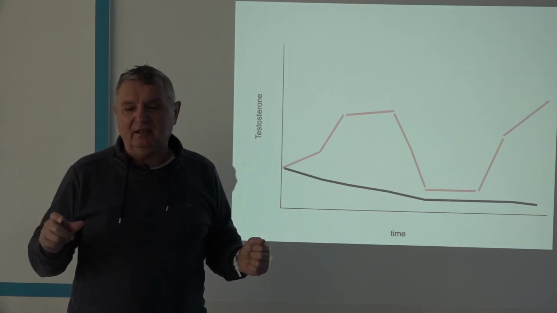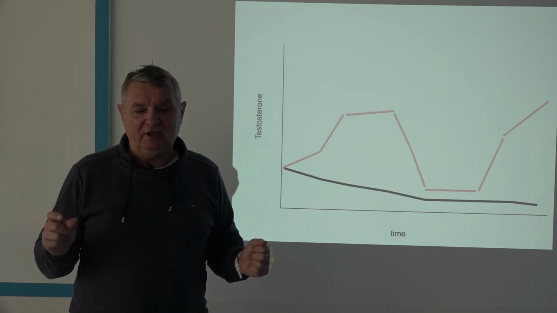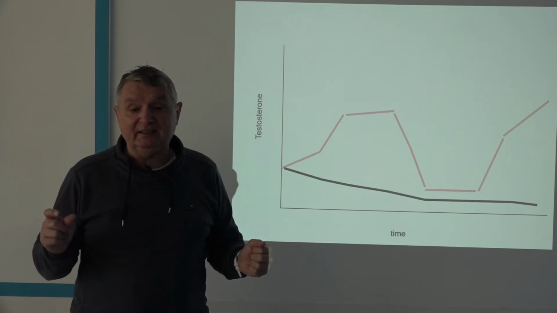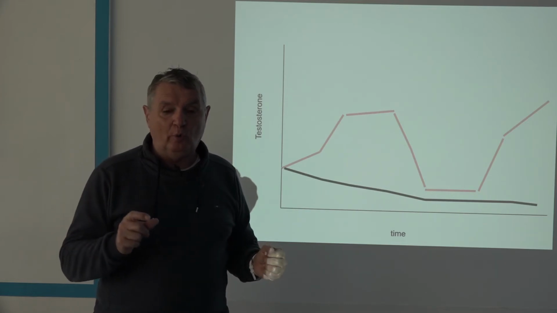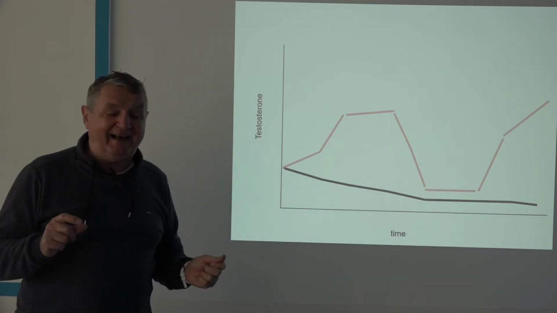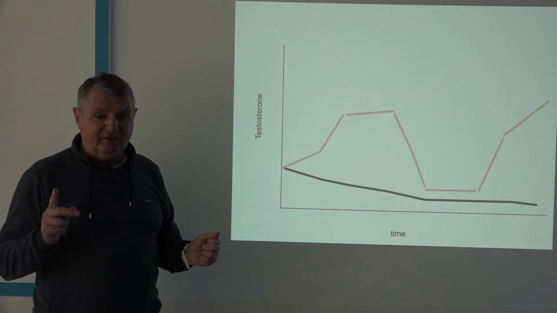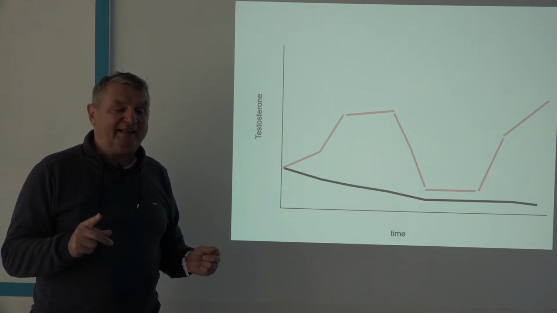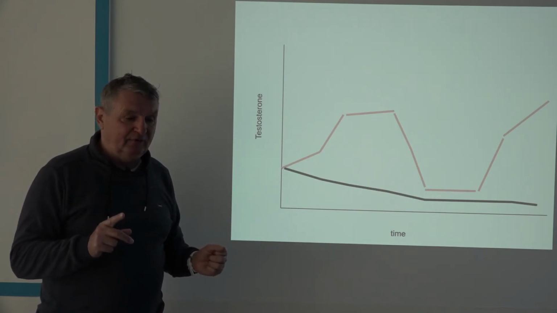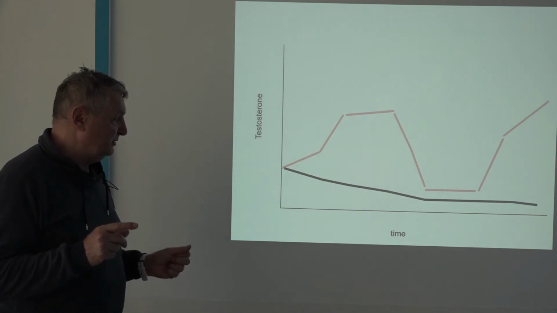And actually there are some data which suggest that even fertility is a bit suppressed compared to those who are doing high intensity exercise. Isn't it interesting? So the exercise intensity itself affects the testosterone concentration.